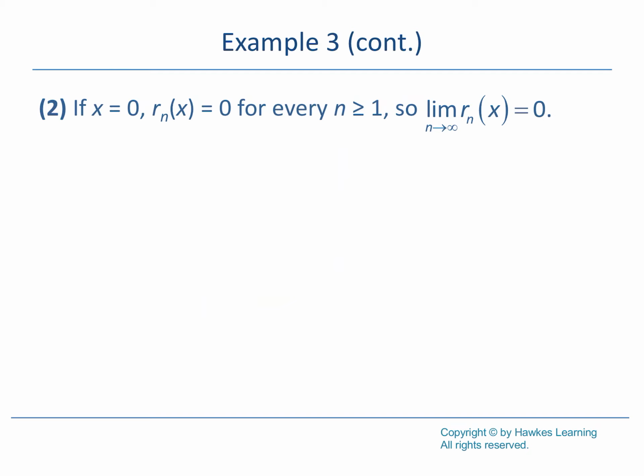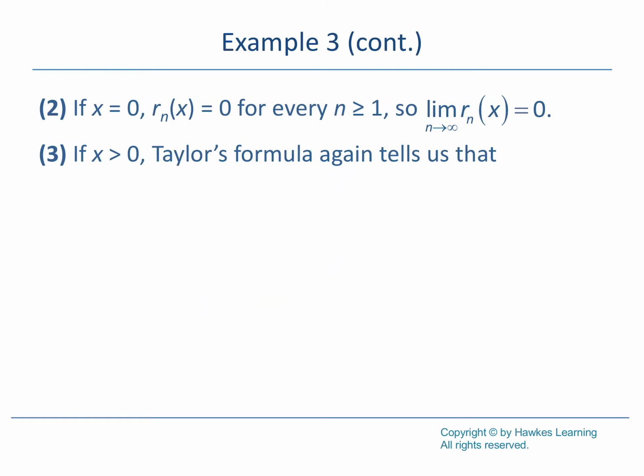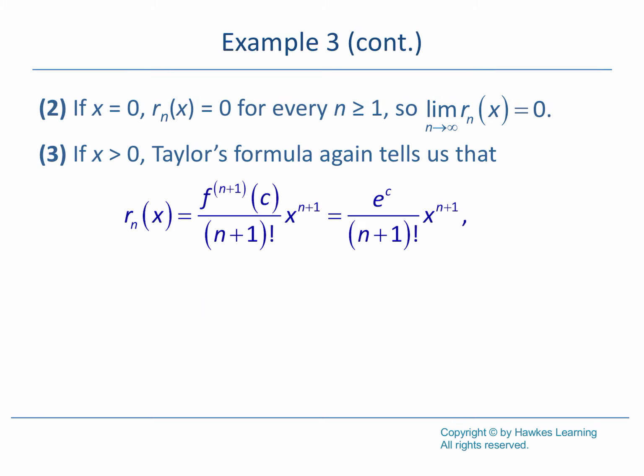Here, we've got x is 0, and if x equals 0, then the remainder term just equals 0, and so that limit is just 0 as well. That's no big deal. And if x is positive, we have Taylor's formula again. This piece is still e to the c.